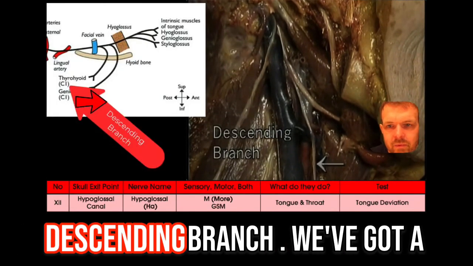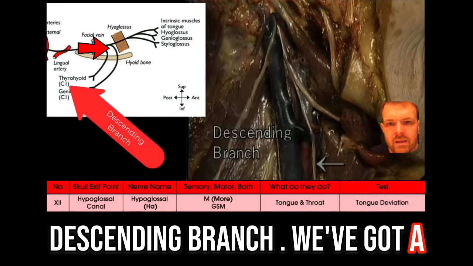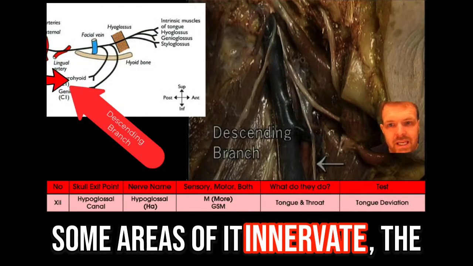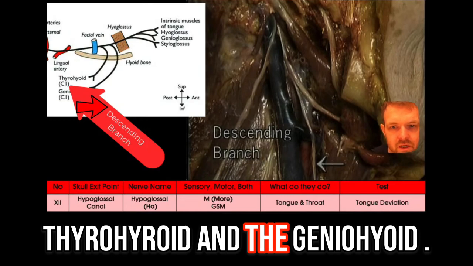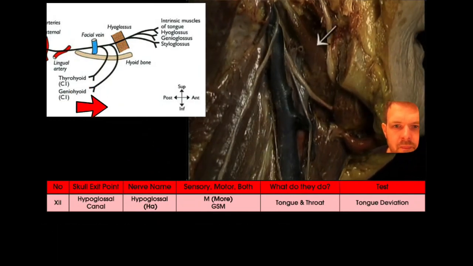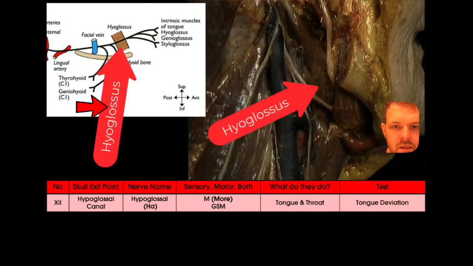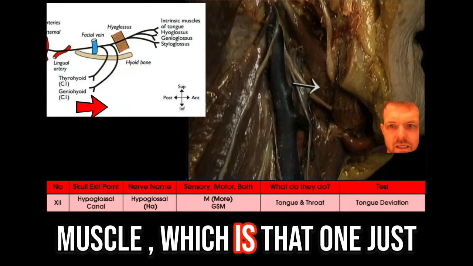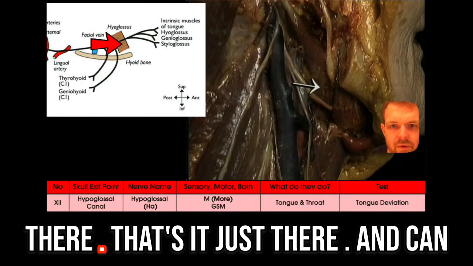So here's the descending branch. Some areas of it innervate the thyrohyoid and the geniohyoid. I think there's some little offshoots. Let's have a look. There we go. Yeah, there's your hyoglossus muscle, which is that one just there.